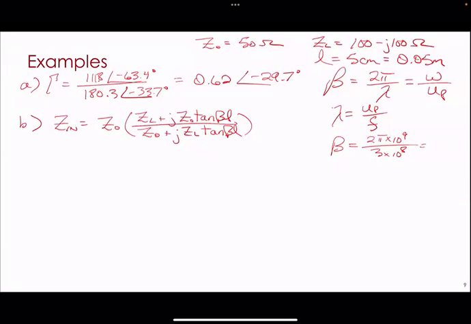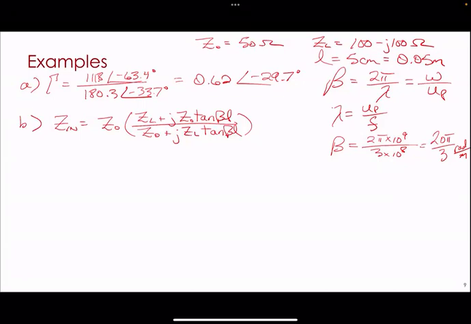So you punch that into your calculator. And if you wanted to keep it precise, you could keep it as 20 pi over 3 radians per meter, or you could just get that into a number. Okay, that's good. Now, you're free to just plug everything in right now, but it's easy to make a mistake with this one.